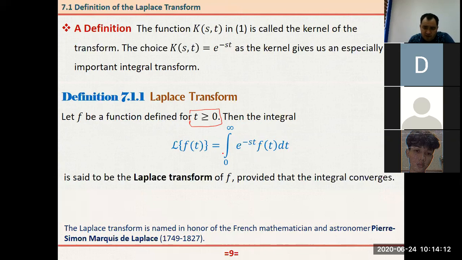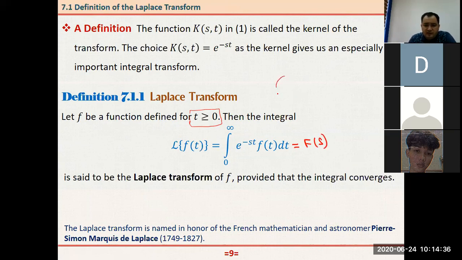Now, if we evaluate this, what do we get here? As you see, we have a function like this, K of s, t, right? It's a function of two variables, s and t. This f is a function of t, and we are integrating with respect to t. So if we evaluate this, we get another function of s. So what is happening here?